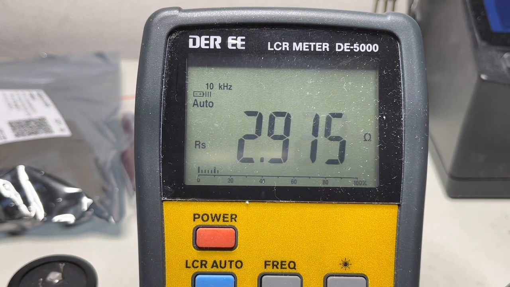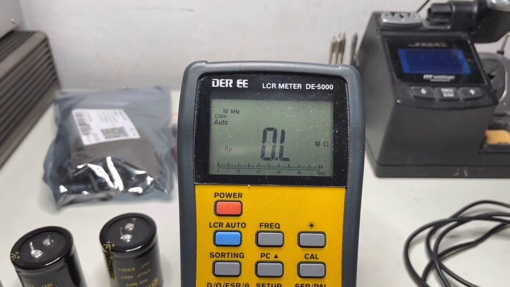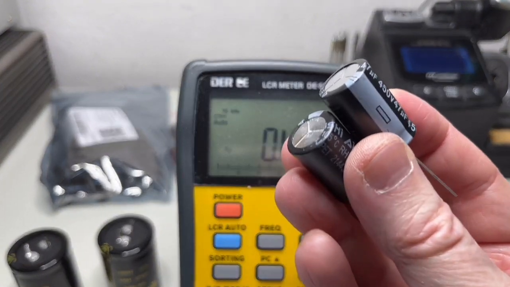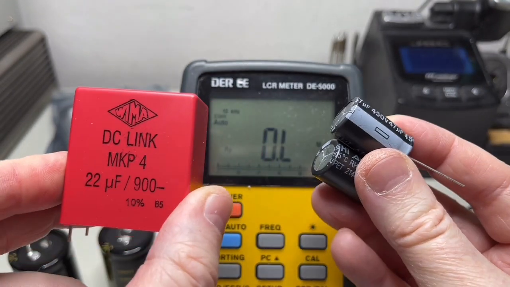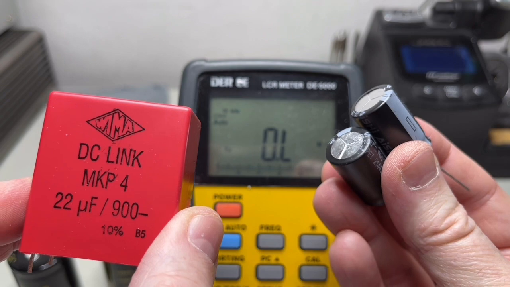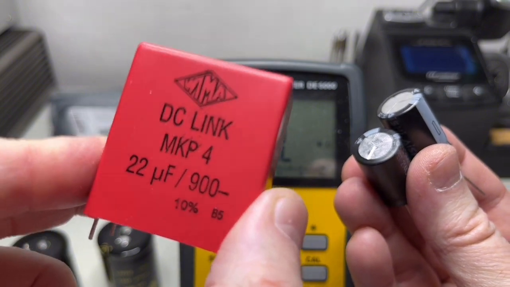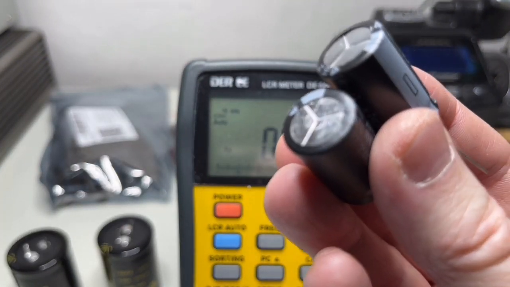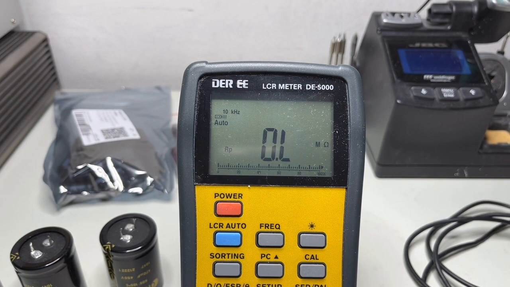That's Ohm's law: resistance in series doubles the resistance. That is the big difference between 2 of these and this one. 900 volts in series, 11 microfarads, 22 microfarads, 7 to 8 milliohms ESR versus 3 ohm ESR. Wow. So, let's continue. Oh boy, this will be a long one.